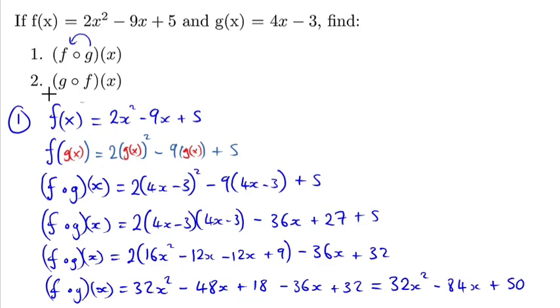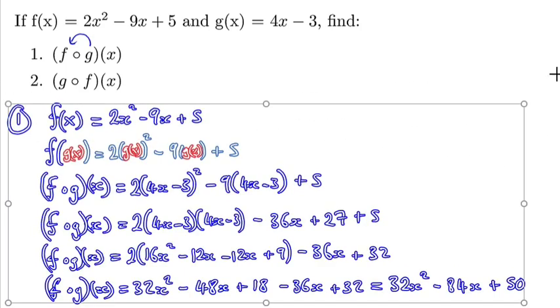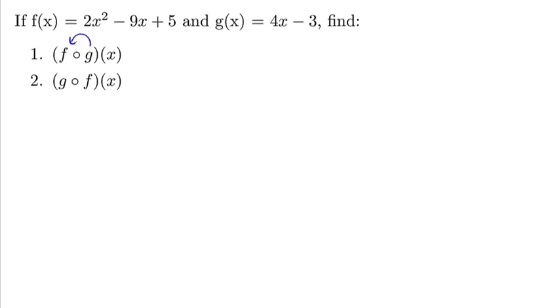Alright, so for the second one, we'll repeat the same process, but this time around, we're starting with the function g of x. So g of x is the function 4x minus 3. So we're replacing x with f of x, like this.